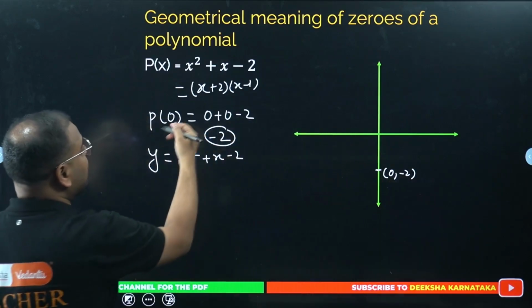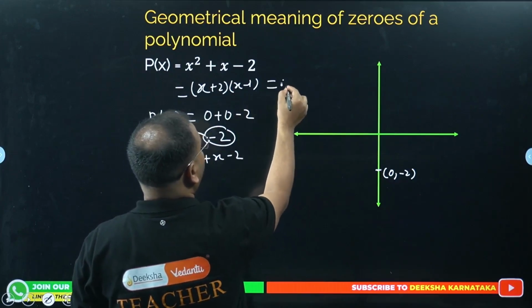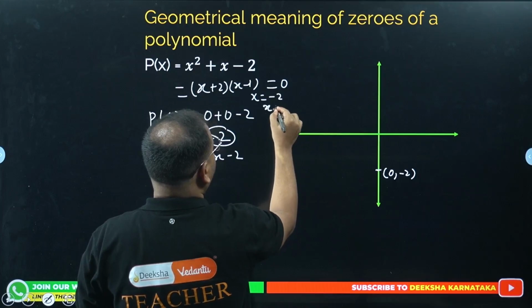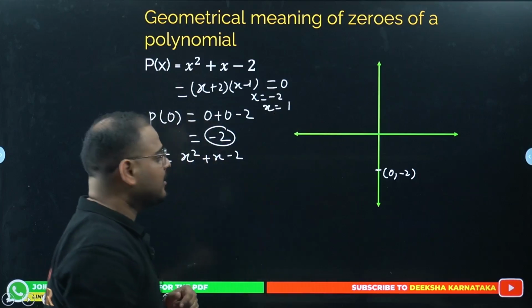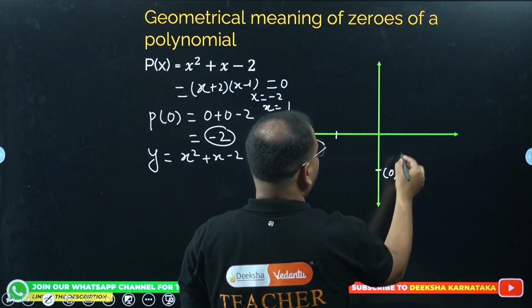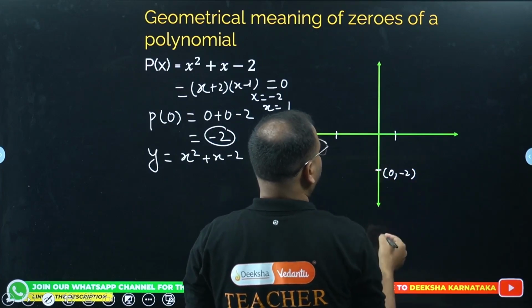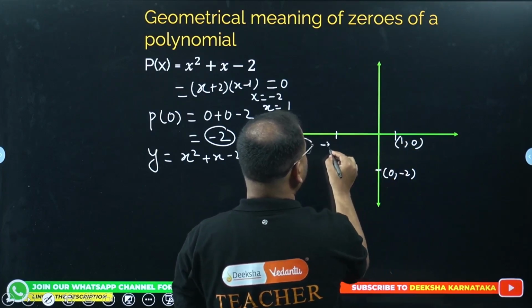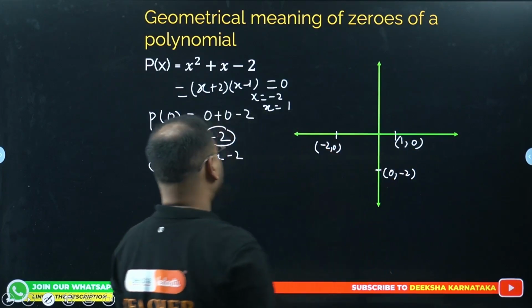What about the x values over here? If you equate it with 0, my x values are minus 2 and plus 1, right? So where is minus 2? Minus 2 is somewhere here and plus 1 is somewhere here. So I'll write this as 1 comma 0 and this as minus 2 comma 0. Why 0?